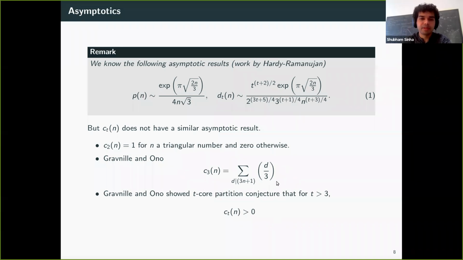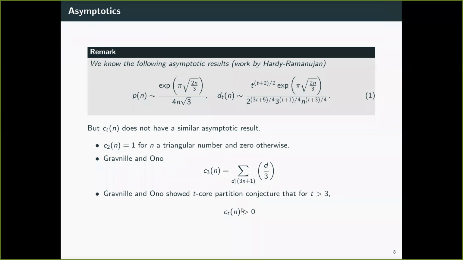In that paper, they showed that the number of t cores of size n, for any n and t greater than 3, is positive. So clearly CT, the number of t cores, behaves much more erratically than the number of partitions.